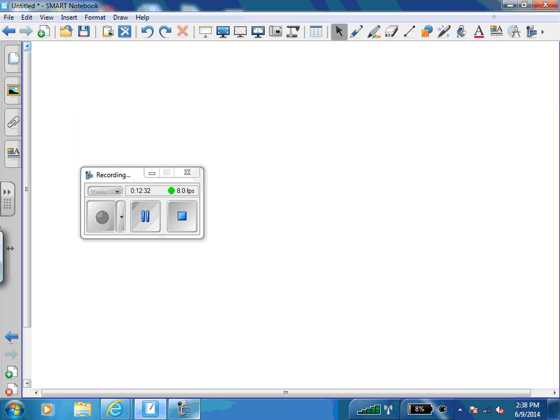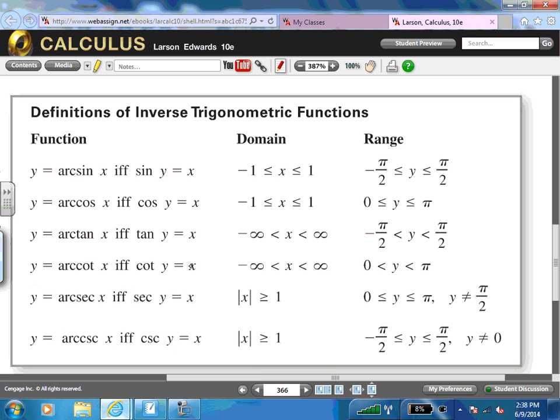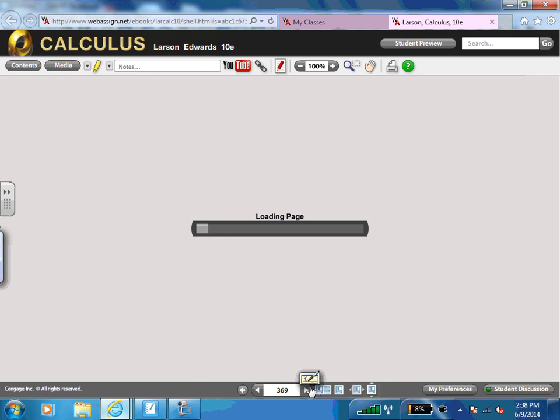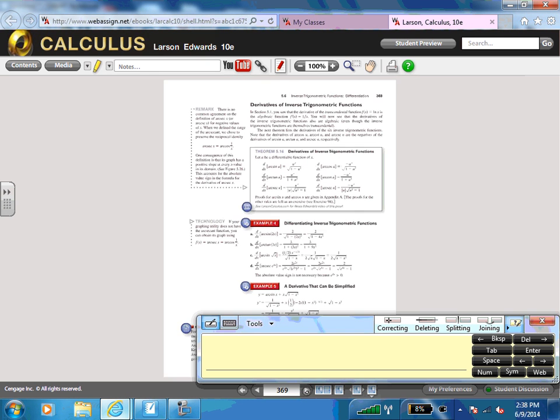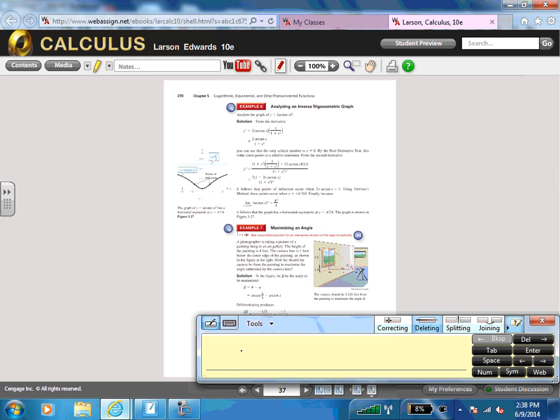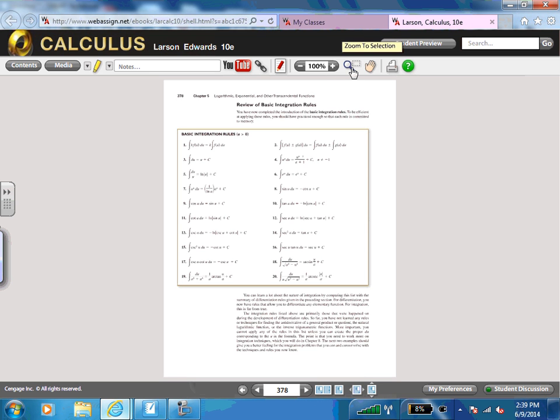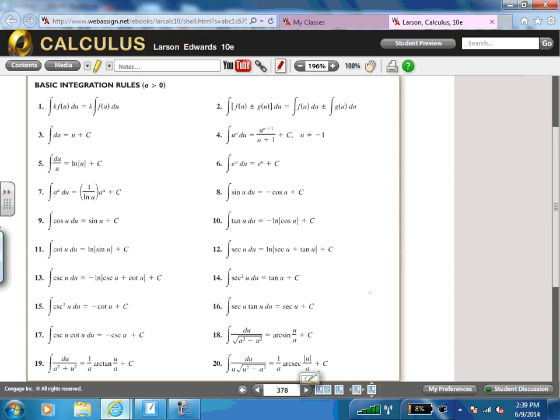Now, page 378, they give us a list of the formulas that we've run across so far in integration. So when we start trying to integrate something, these are the things that we need to keep in the back of our mind.